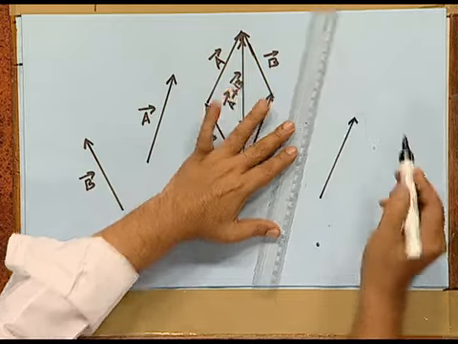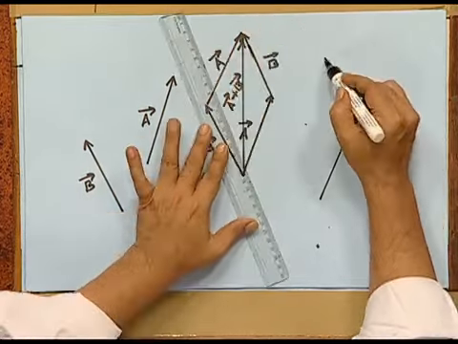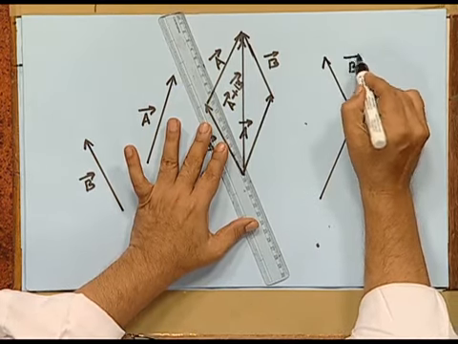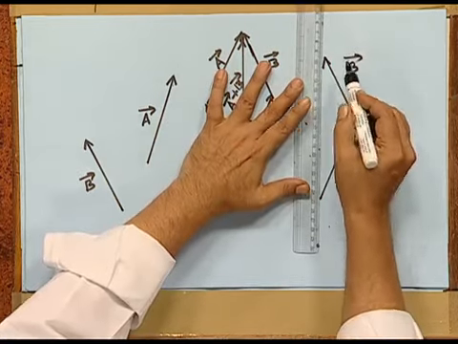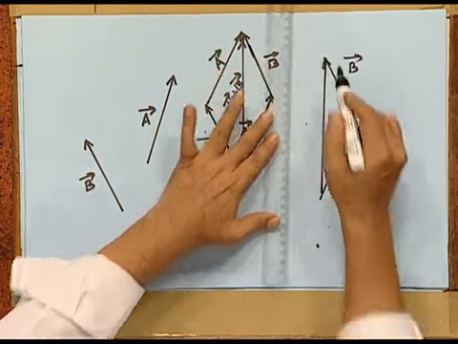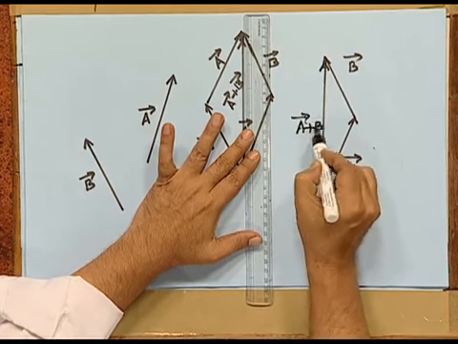I will just show you how the same thing you would have got by the triangular method. You have this vector A and you have vector B, that is the head tail method. Then you have this vector A plus B. So, whether it is by the triangular method or by the parallelogram method, you get the same vector.